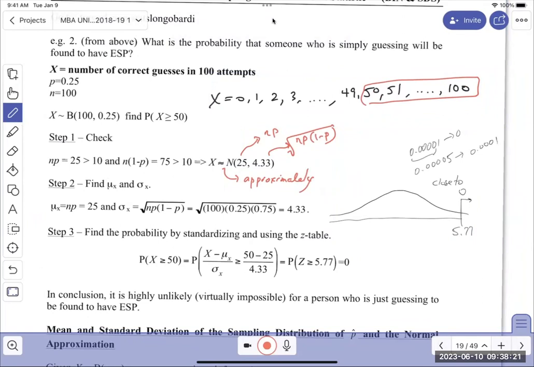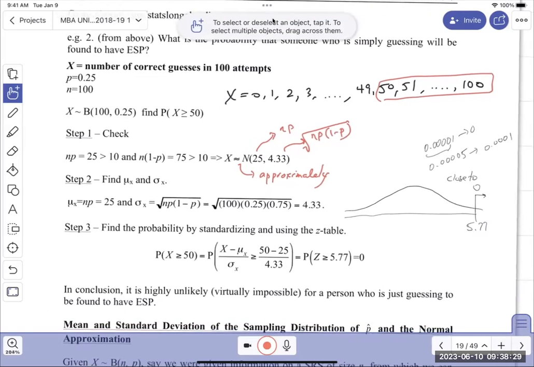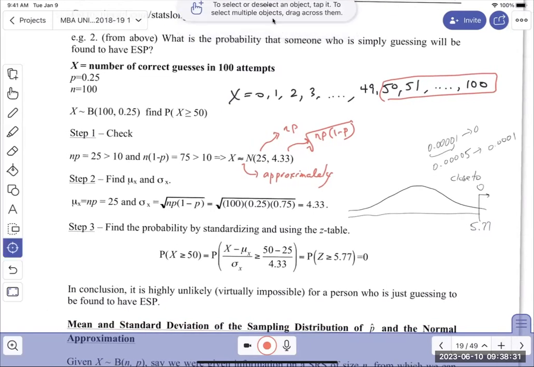In scientific notation, as long as the exponent is more than negative 5 or more negative, that will be considered 0. So the answer is 0 here.